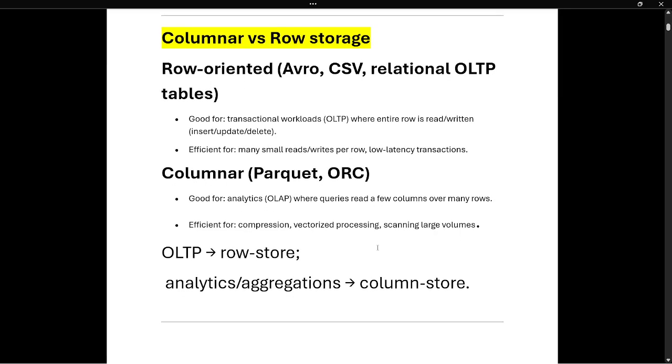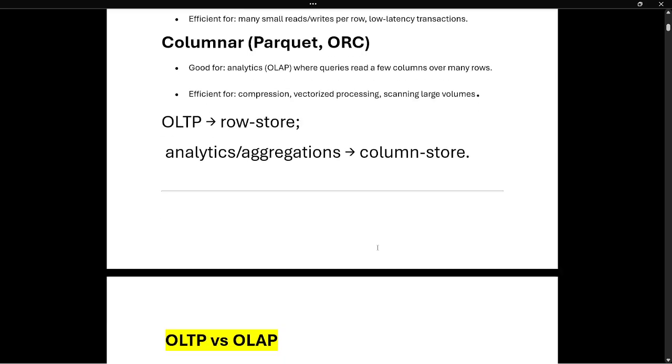Columnar is always good for analytical, that is OLAP, where queries read a few columns over many rows. Okay, so it is efficient for compression, vectorized processing, and scanning large volumes. So in that scenario, we use columnar storage. OLTP will always be row, while OLAP, analytical or aggregation workloads always go with column storage.